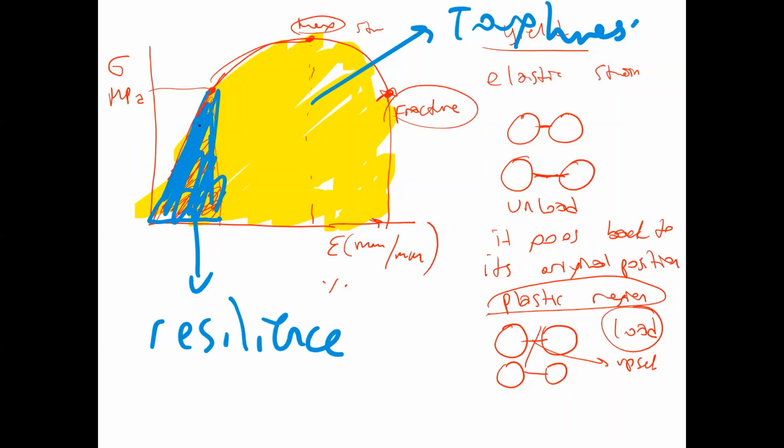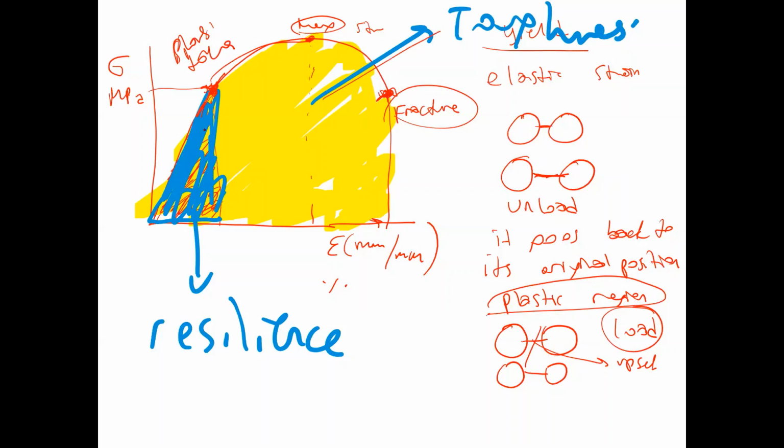Resilience is the mechanical property that the material can endure without being subjected to plastic deformation. Up to this point, plastic deformation takes place, and here fracture takes place.